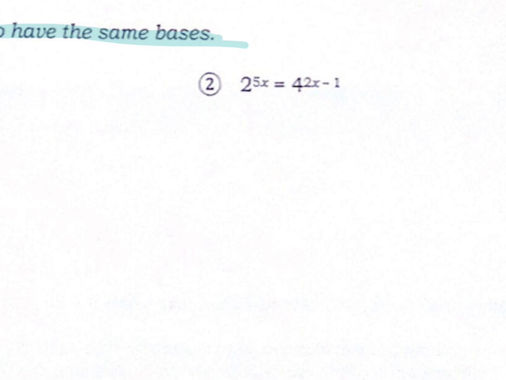For some of them it becomes pretty clear pretty quickly, but for others not so much. On this one, hopefully you recognize we have 2 and 4 as the bases right now. To rewrite any of those, we're going to need a base of 2. So we're going to keep the 2 to the 5x equals. We've got to rewrite this 4 as 2 to some power, so we're going to rewrite that as 2 squared.